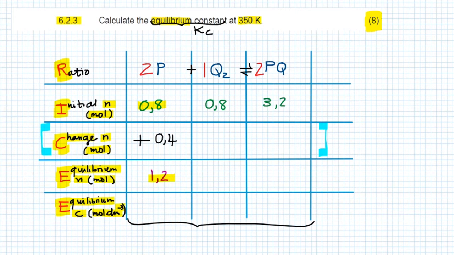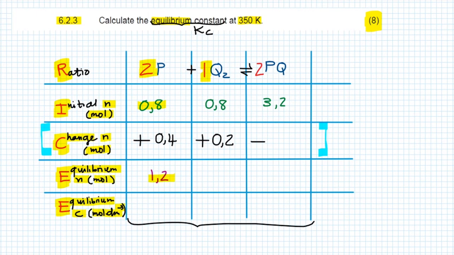So since we are adding P, which is a reactant, we know that we're going to end up adding Q, and if the number of mole of the reactants is increasing, then the number of mole of the product is decreasing. So now we say the ratio of P to Q is 2 to 1. 0,4 divided by 2 gives us 0,2. So the change in Q is going to be 0,2 mole.